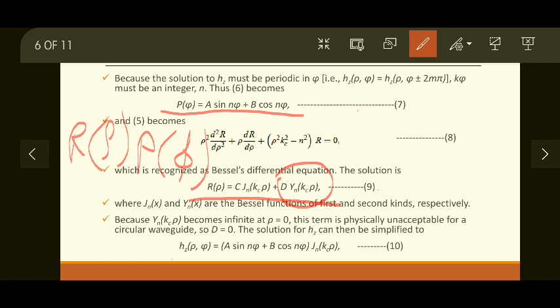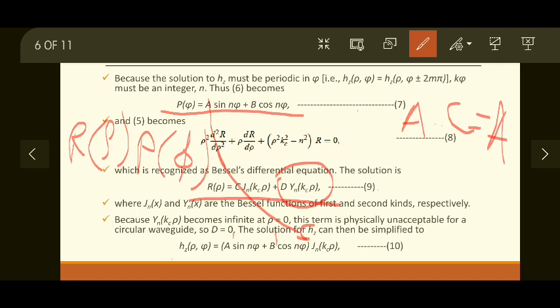Now where has C gone? C is another constant, so C is absorbed into A and B. What does that mean? Usually you will get C over here, because C J_n(k_c rho) is the solution of R(rho). So what we have done here is, C is multiplied by A, whatever the value comes, A into C will be another constant, so we call it again A. You can denote it differently, like A dash or B dash, but generally it is given that A into C is another constant.